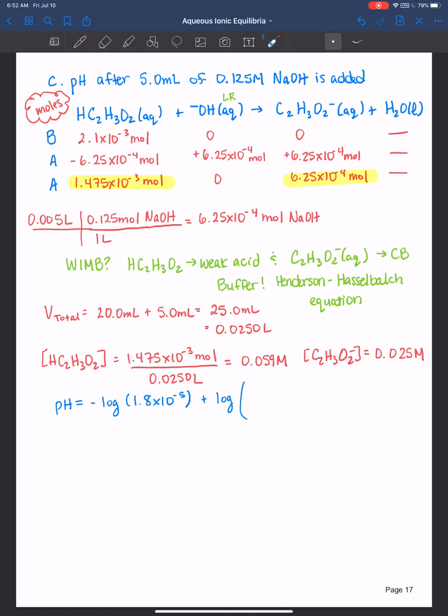So it's really important you identify, well, what's my conjugate base? So this number should go on top here, and then this number will go on the bottom. So conjugate base over the acid. And when you plug that into your calculator, you should get 4.37 for your pH.